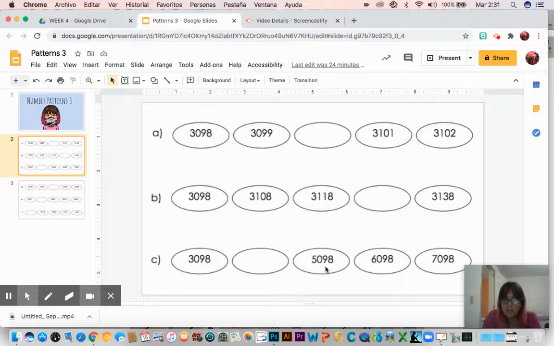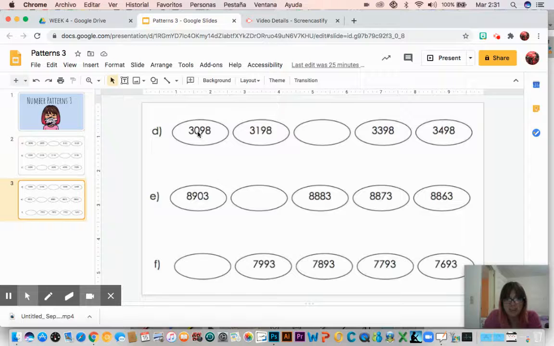When you discover how many go, you skip from here to here, from here to here, then you go back. And if you see that it's 10 more, well, then from here to here, it's 10 more. If you see that it's 100 more from here to here, and from here to here, 100 more, then you go back here and you put 100 more. Okay, so these are gonna give you the answer.